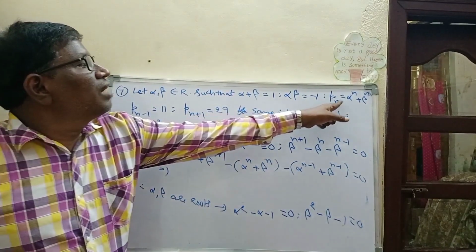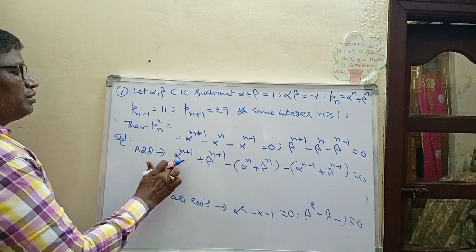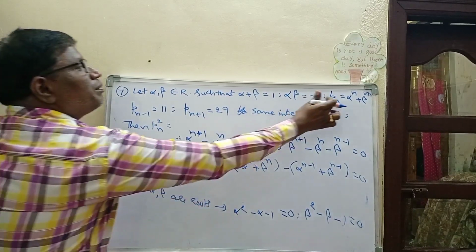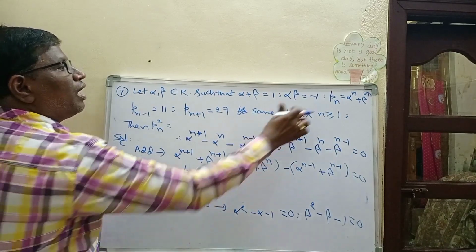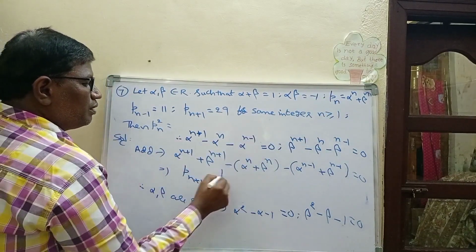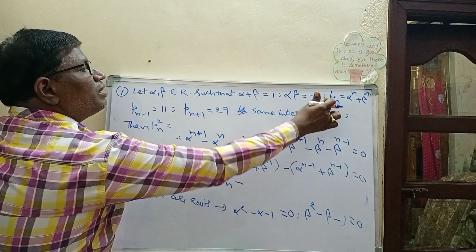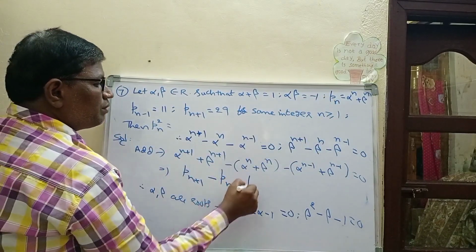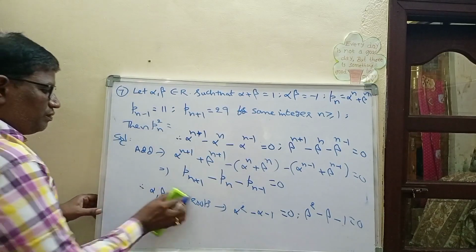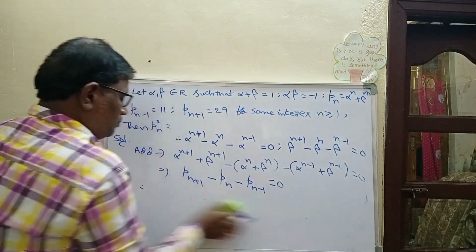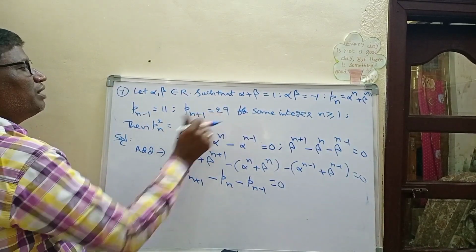P n is what is given, alpha power n plus beta power n. Similarly, alpha power n plus 1 plus beta power n plus 1 is nothing but P n plus 1, minus P n, minus P n minus 1 is equal to 0. So what is P n plus 1 given? 29.